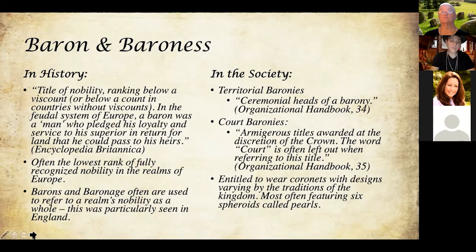And finally, within the scope of the nobility proper, we have barons and baronesses. In history, these ranked below a viscount and were seen as the base level of noble.